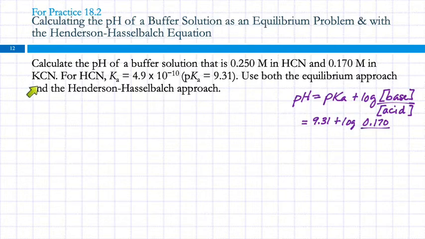And this is the conjugate base, and this is the weak acid, so the concentration of the acid is 0.250. So the pH is 9.31 plus the base 10 logarithm of the quantity 0.17 divided by 0.25. 9.14.